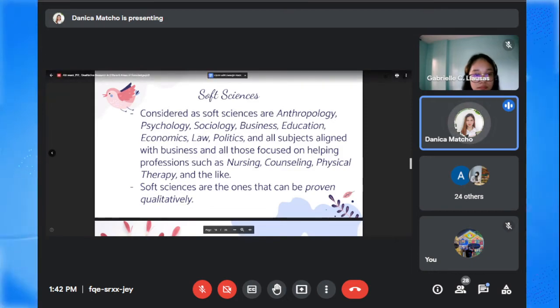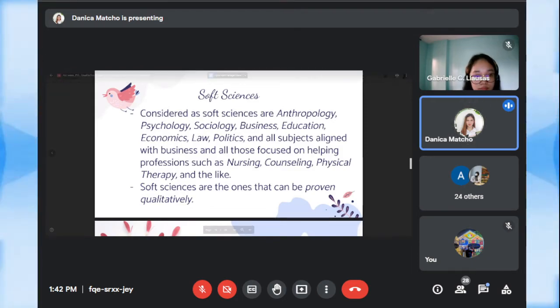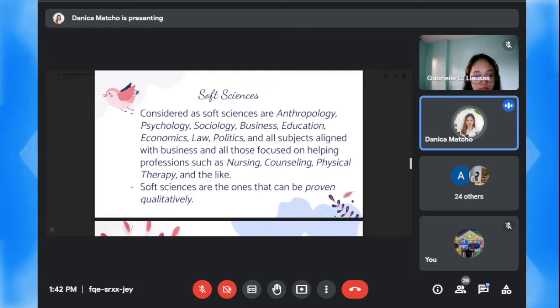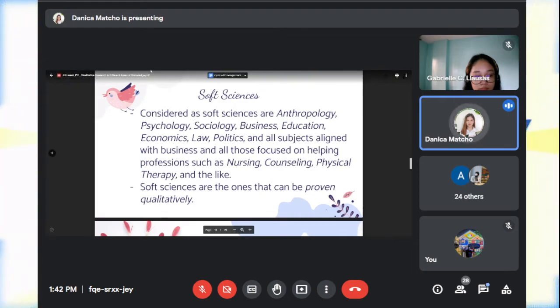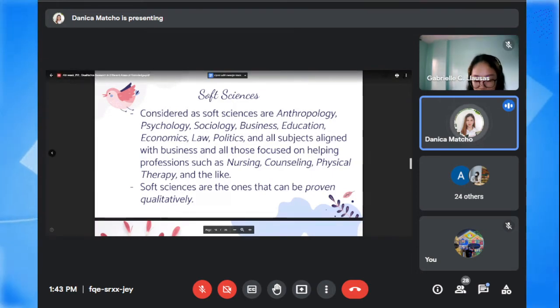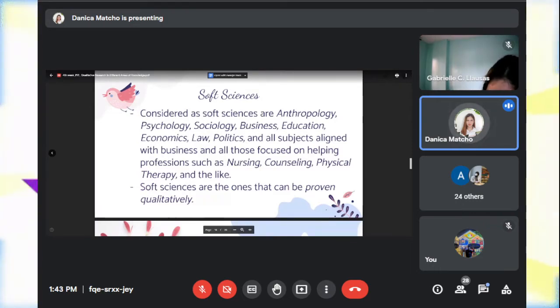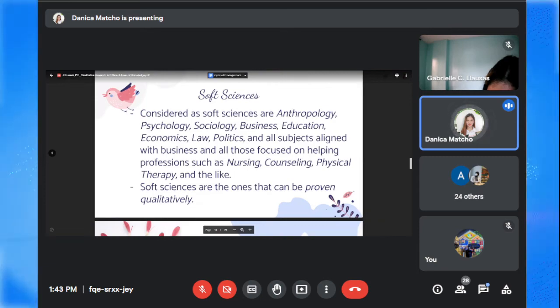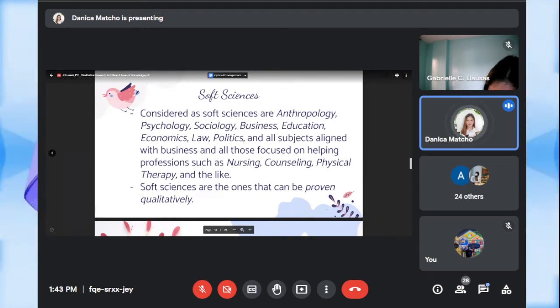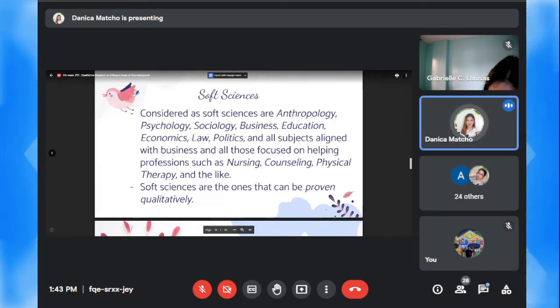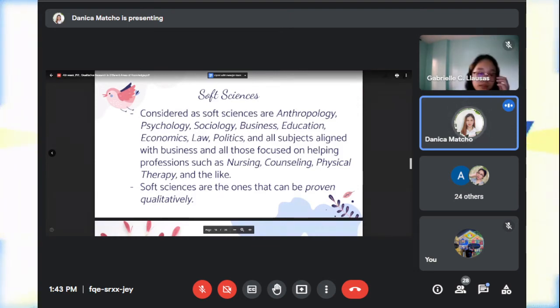So here in soft sciences, guys, the things can be proven qualitatively naman. Kung kanina sa quantitative, sa hard science, things can be proven quantitatively. So meaning to say you are using mathematics, equations, math formulas, statistics, numerical.